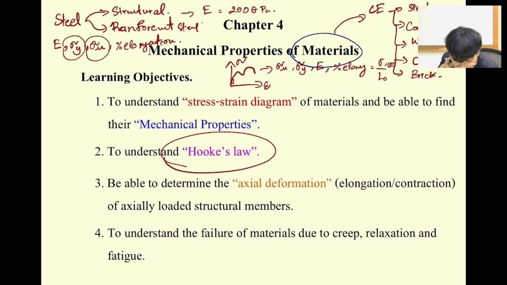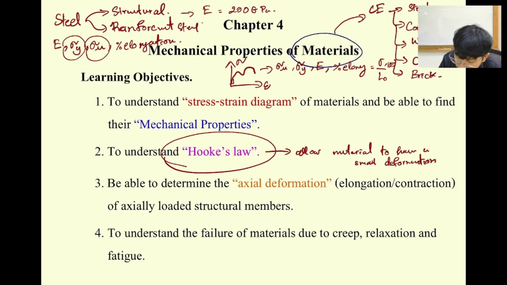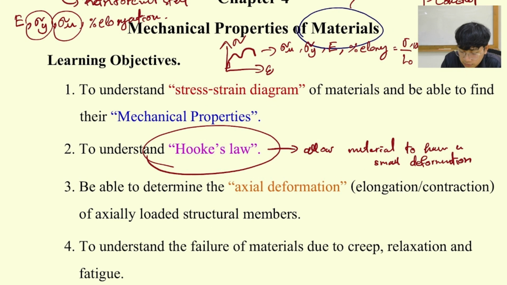Hooke's law in short means we allow the material to have only a small deformation, which means we're going to use the material only in the linear elastic zone, or linear elastic region.